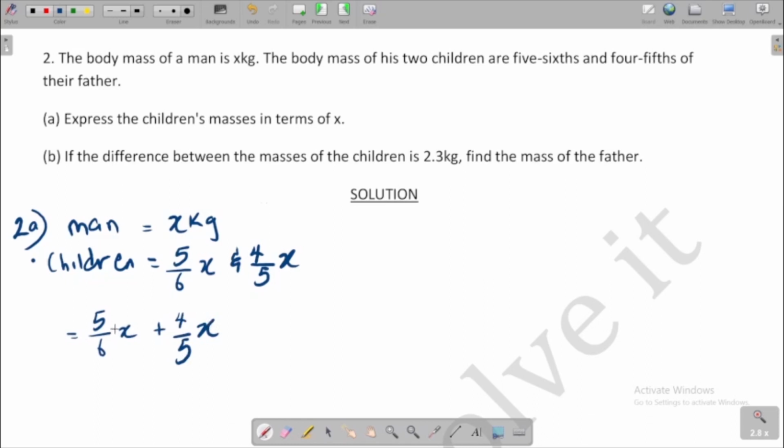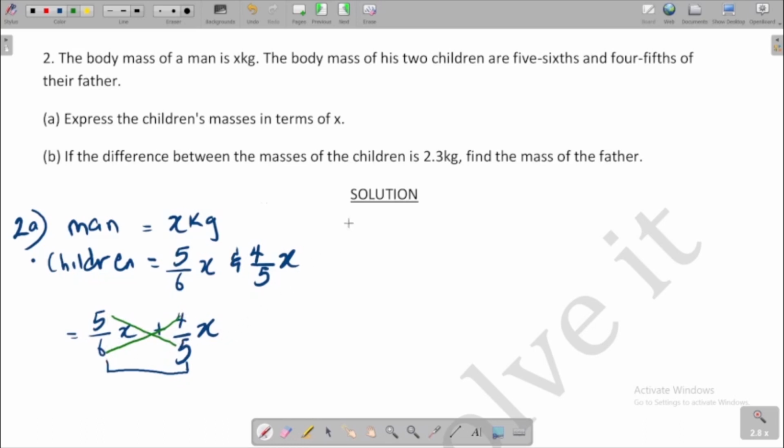So how do you add this? If you're adding fractions, since the denominators are not the same, you cross multiply. You multiply the numerators, this and this, this and this, and multiply this and this for the denominator.